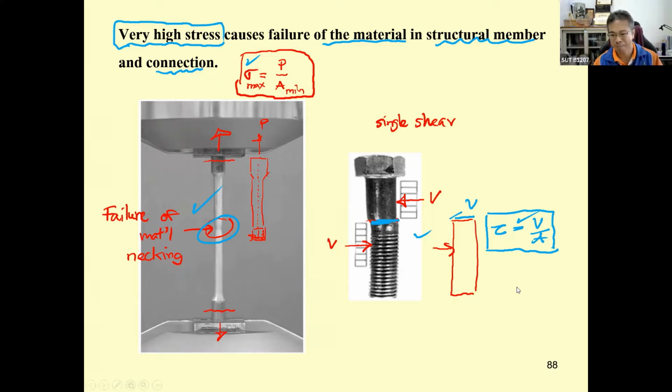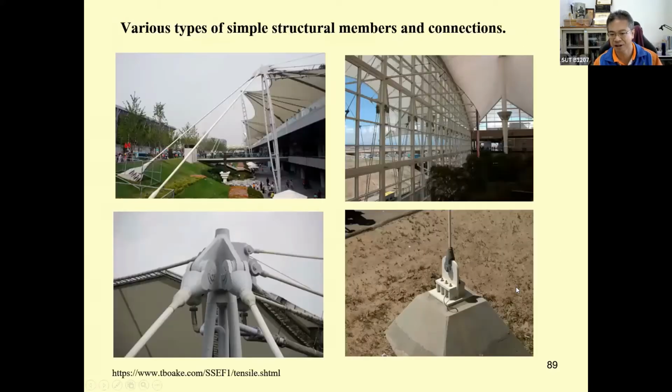Okay, now come to the real structure. There is a number of structures that you may consider like this one. Then you may say this member may be called the rod. For a general name, you may call it tension member.